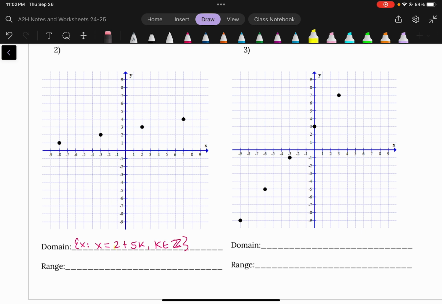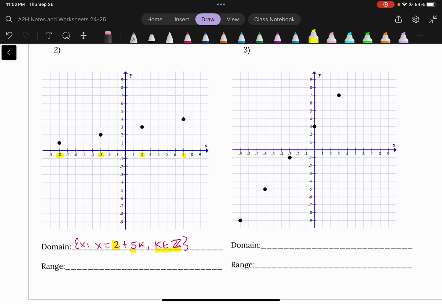Now, for the range, I would just do this. Okay, now all this says is that y is an element of the integers.